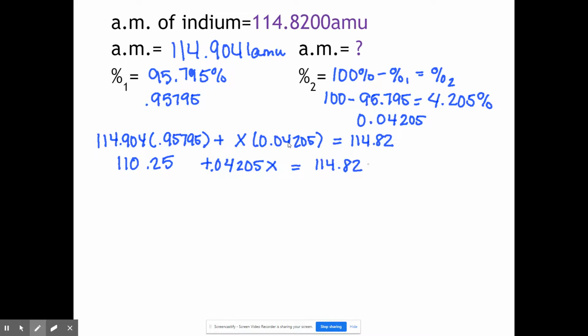Subtract 110.25 from both sides, and that gives me 0.04205 X equals 4.57. Now I'm going to take 4.57 and divide it by 0.04205.